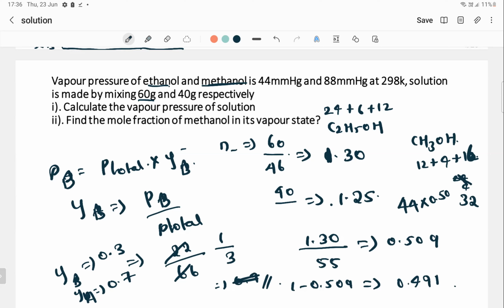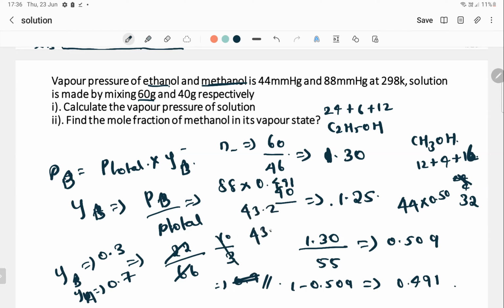So PB is equal to 88 into 0.491, which means PB is 43.2.